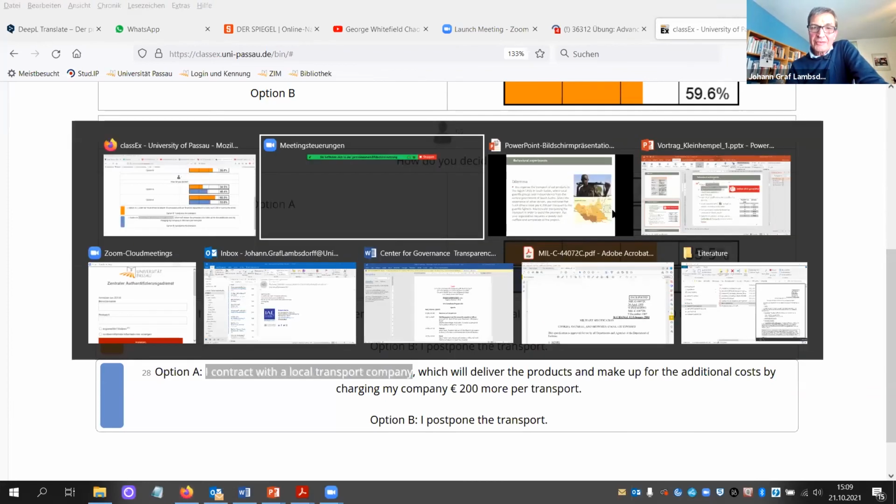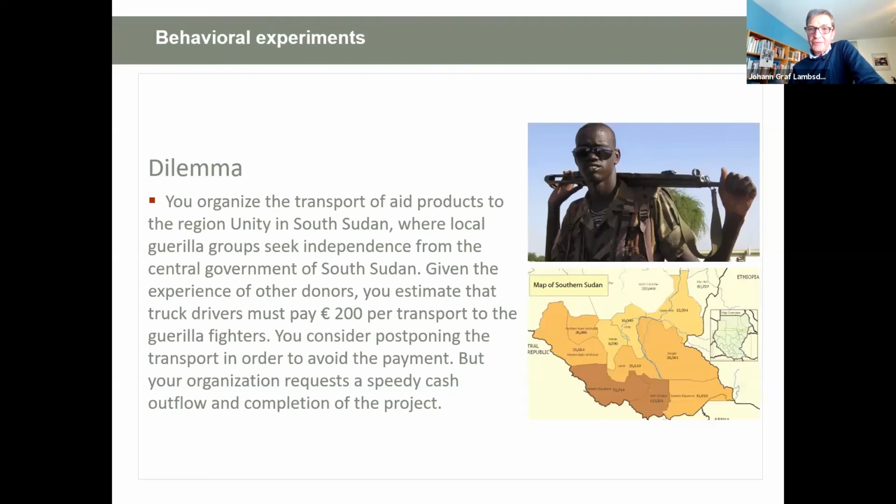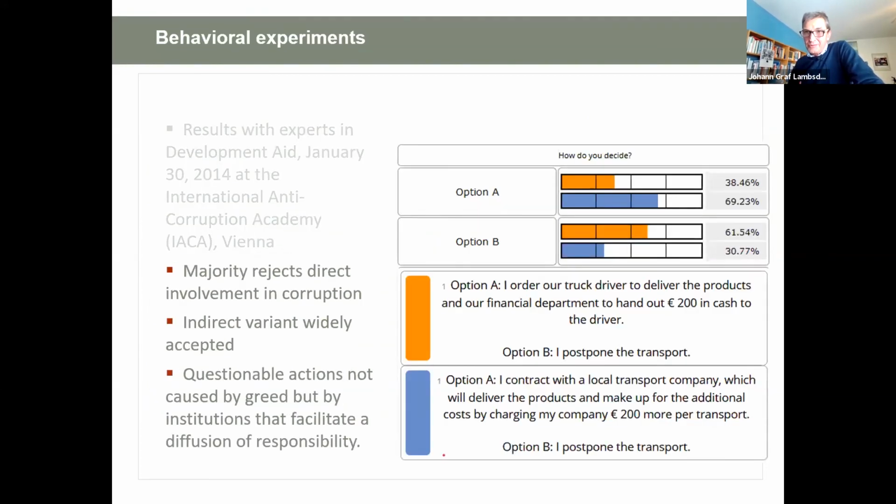When I played this dilemma with experts in the area of development assistance, the outcome was even much stronger, because they know how hard it is for them to justify 200 euros being paid to guerrilla fighters. I played this in 2014 with experts at the International Anti-Corruption Academy in Vienna.